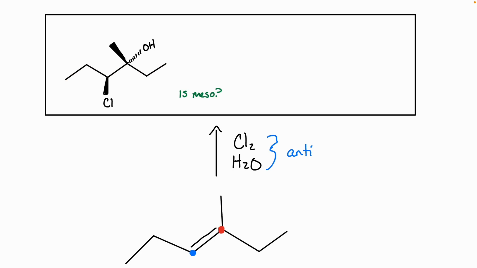So we need to also include its enantiomer. My wedged bond needs to become dashed bonds, and my dashed bond needs to become a wedged bond.